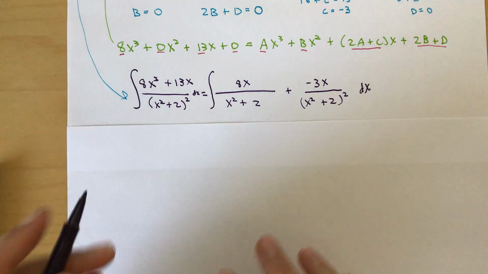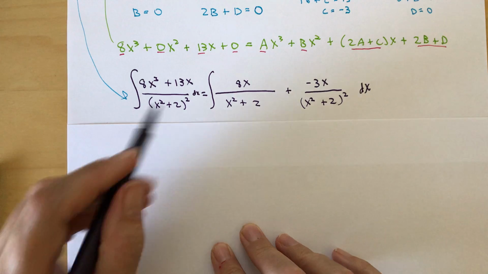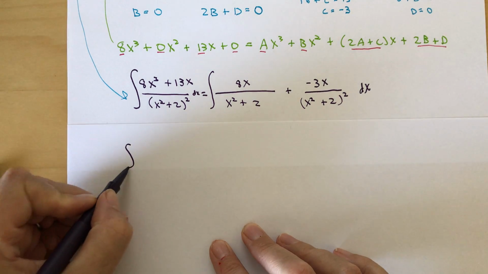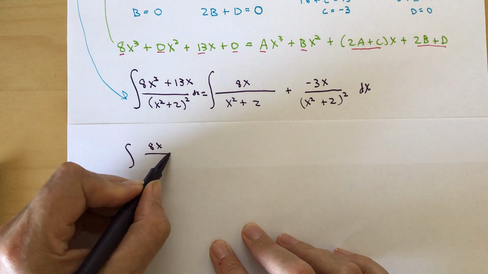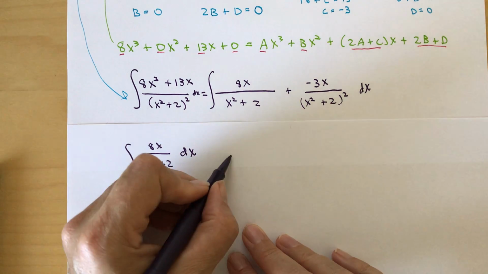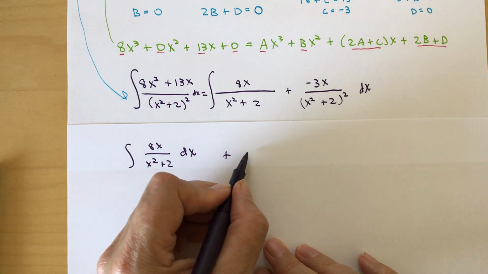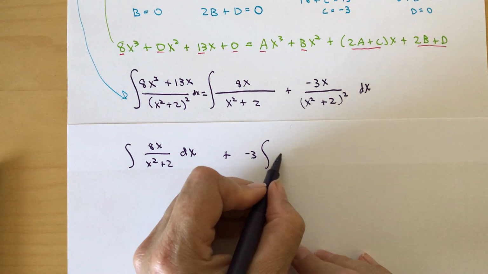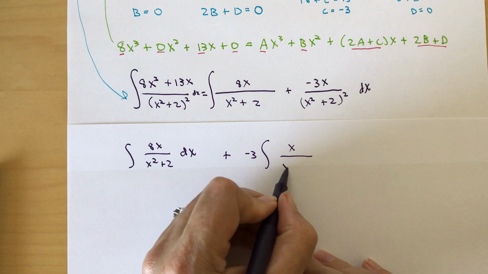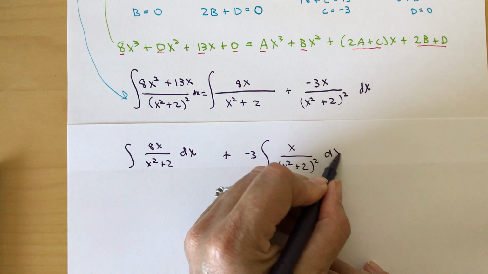So if I were doing the antiderivative of this function, let's say the integral of x over x squared plus 2 dx plus negative 3 times the integral of x over (x squared plus 2) squared dx.